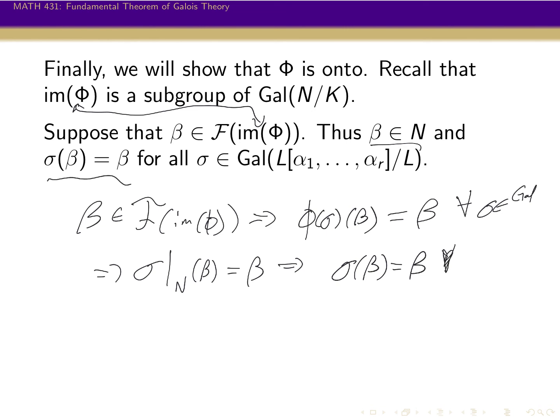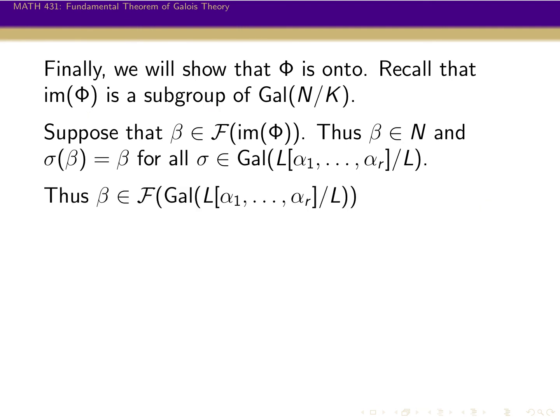And so we have that beta is fixed by all sigma in the Galois group of L of alpha 1 through alpha r over L. Well, that means that beta is in the fixed field of the Galois group of L adjoin alpha 1 through alpha r over L. And by our Galois correspondence, that fixed field has to be just L. Since this is a Galois extension, the fixed field of that Galois group is always going to be just L. That is what the Galois correspondence is. So this is by the Galois correspondence.